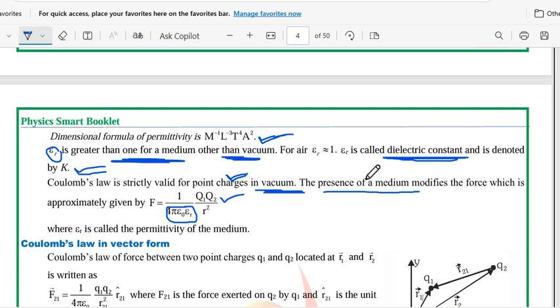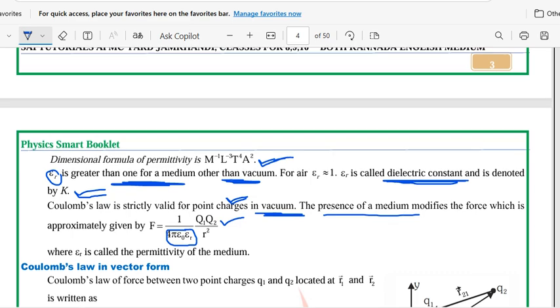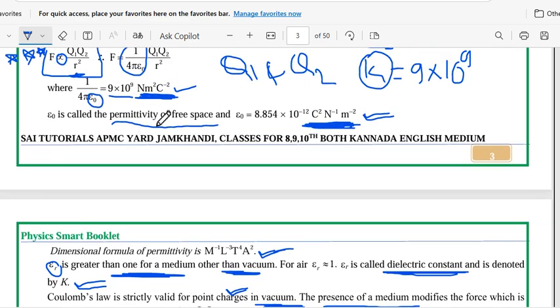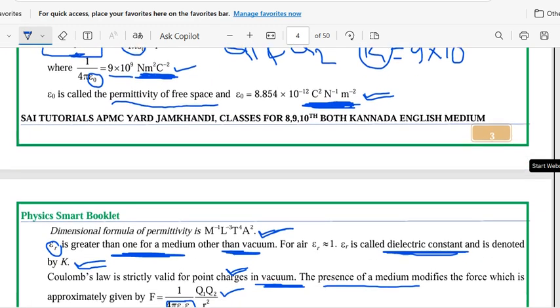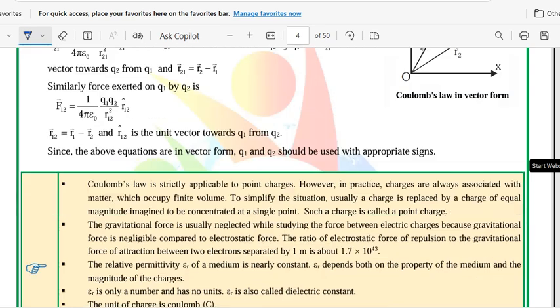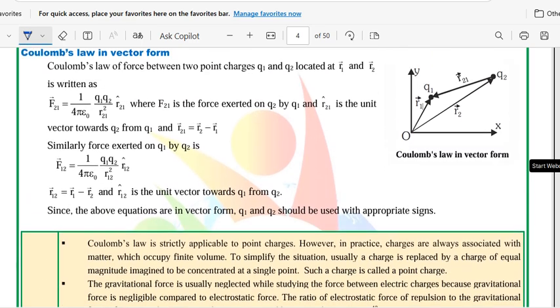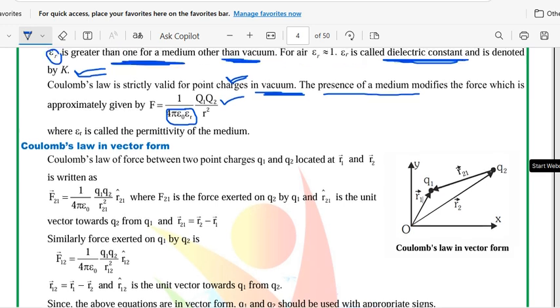In the presence of a medium, you need to consider both the permittivity of free space as well as the permittivity of the medium, where epsilon r is called the permittivity of the medium. So dear students, this is all about Coulomb's law and its important properties and important dimensional formulas, etc.